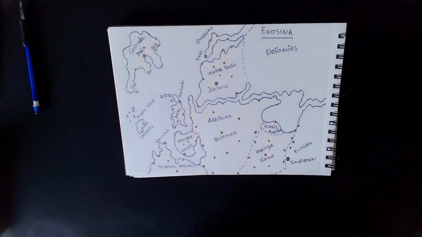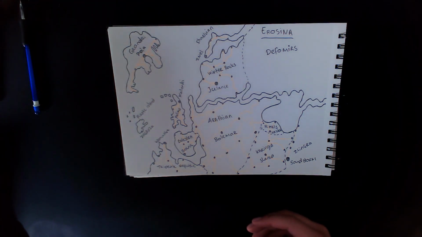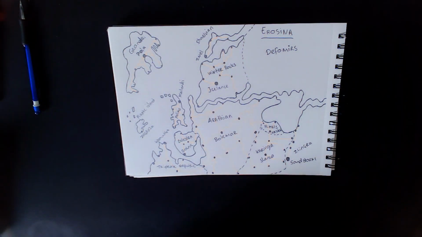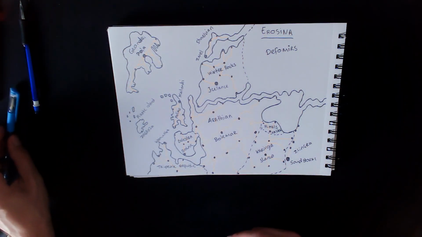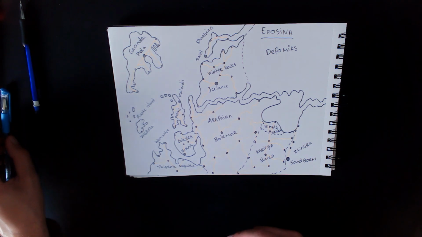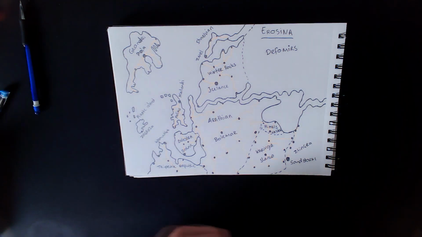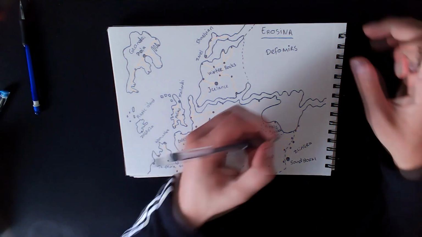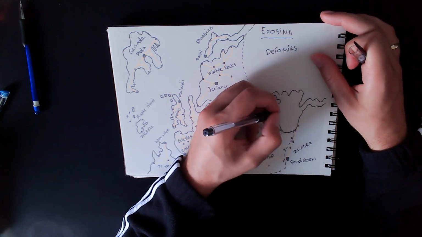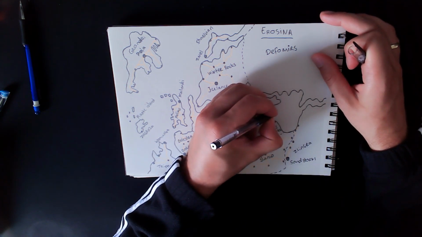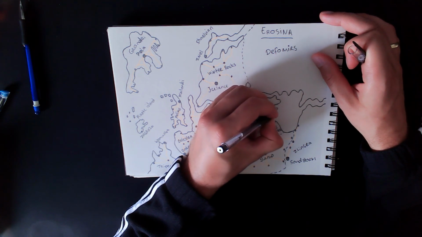These are the roads connecting each other. Let's give this big lake a name. This is the Peso Lake.